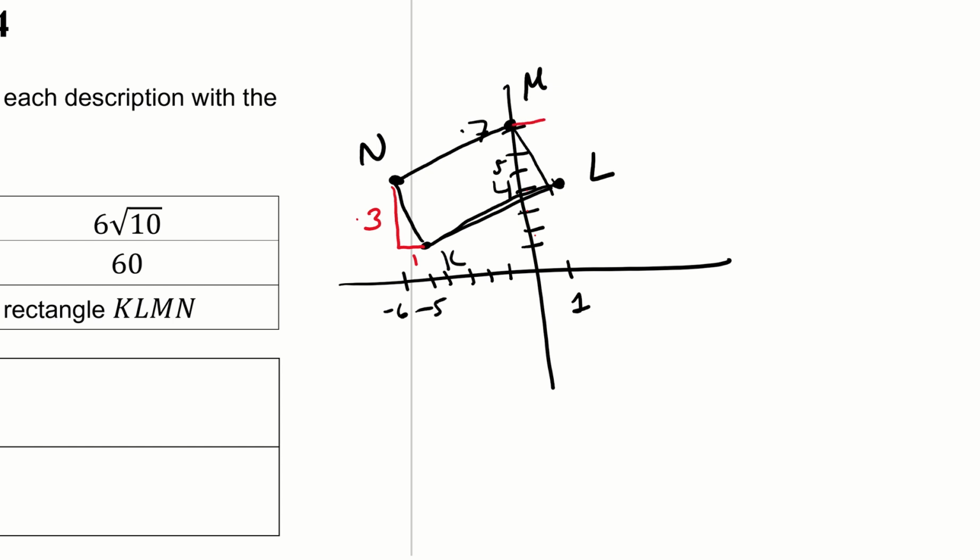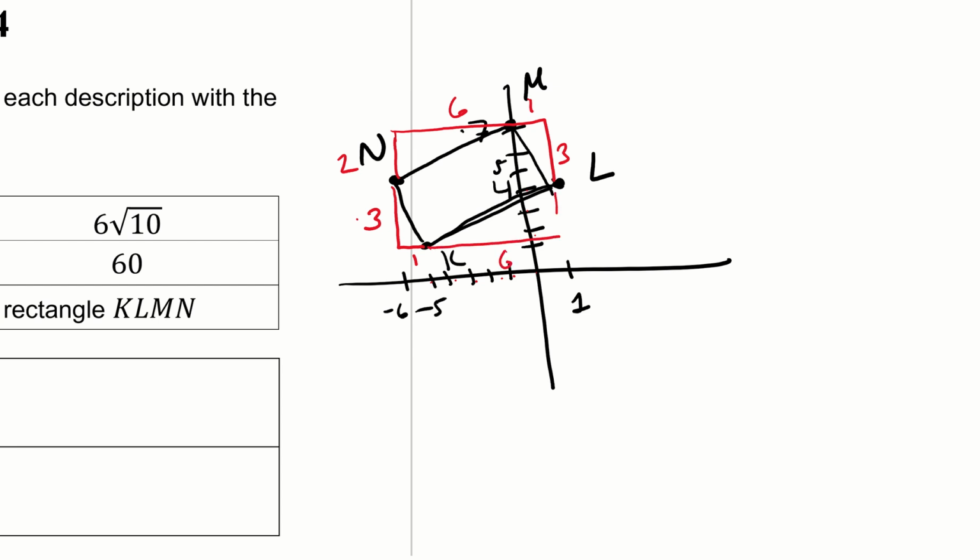And this should be the same thing here. It should go over 1 and then down 3. And then this one goes up, looks like 2, and over 1, 2, 3, 4, 5, 6. So it looks like it goes over 6. Okay, and so this should be the same thing here.